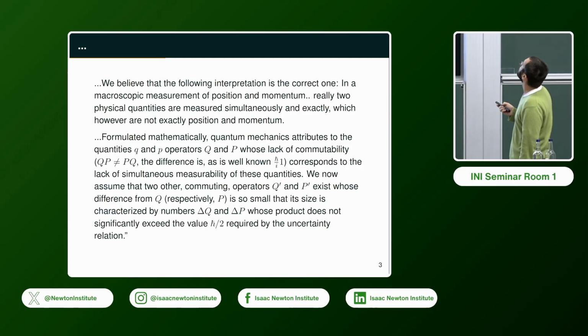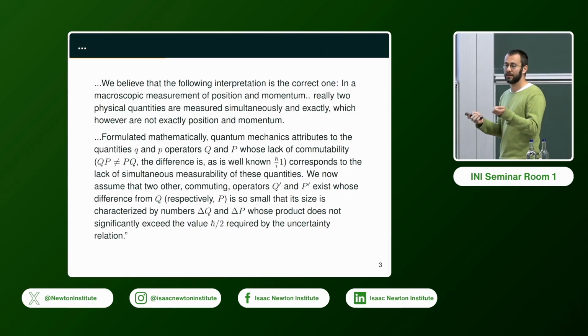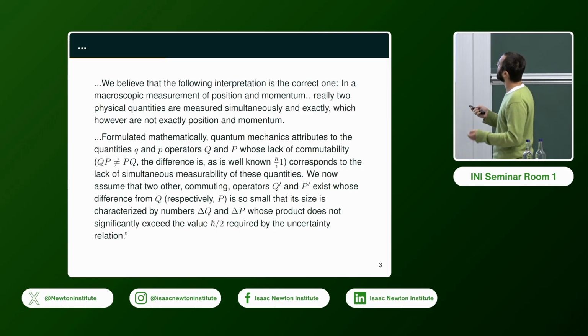In a macroscopic measurement of position and momentum, really two physical quantities are measured simultaneously and exactly, which however are not exactly position and momentum. So basically, we have a macroscopic system, like a classical system. We measure position and momentum with no problem, yet the uncertainty principle is still there.